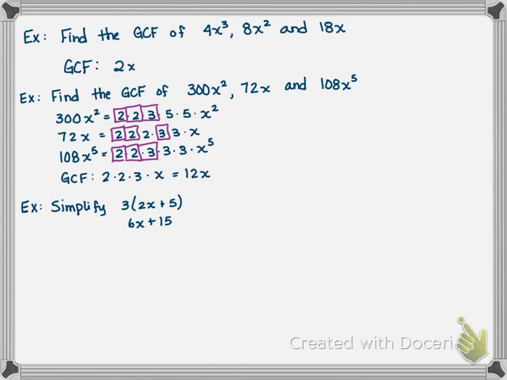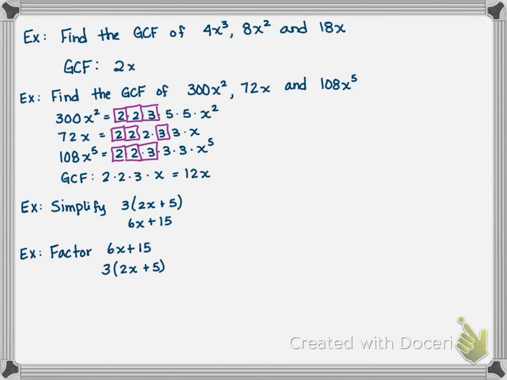If we want to go the other direction and factor 6x plus 15, we would note that 6x and 15 have a GCF of 3, right? That's the only factor they have in common. And so I can rewrite 6x plus 15 as 3 times 2x plus 5, which we knew was true because we did the last problem. We're just doing that distributing in reverse. So we're taking out a common factor as opposed to distributing it in to simplify.